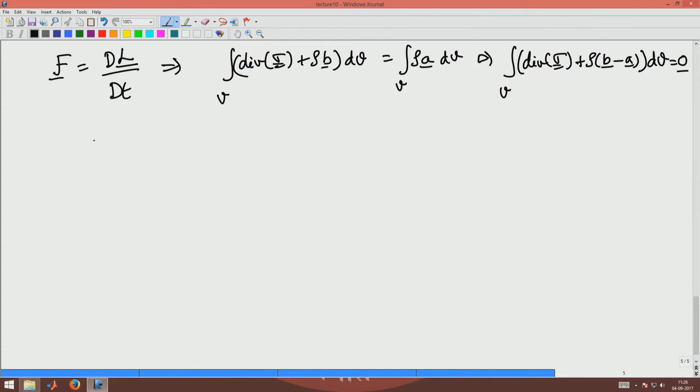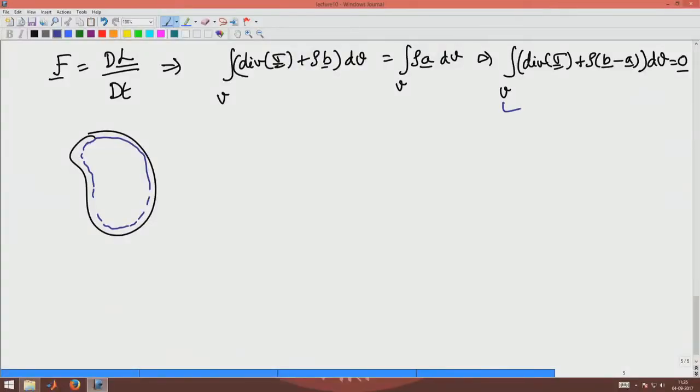It is not that it has to hold only for this body, it has to hold for a small cut inside that body also, for this blue cut also, right. So, what it means is, it is not like sin x dx from 0 to 2 pi becoming 0, it is the integrand that has to be 0, because this V is arbitrary.